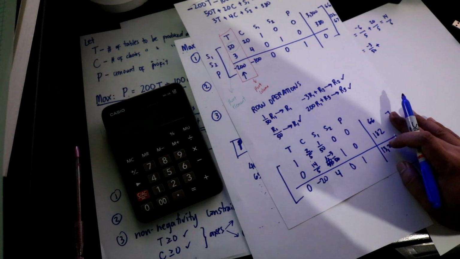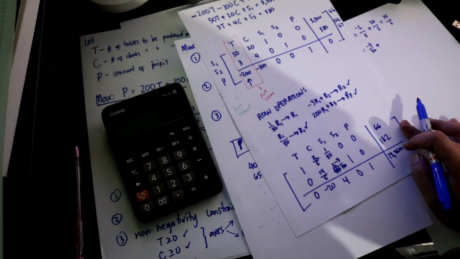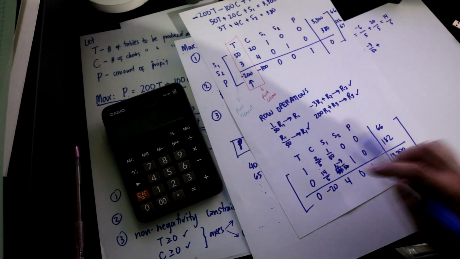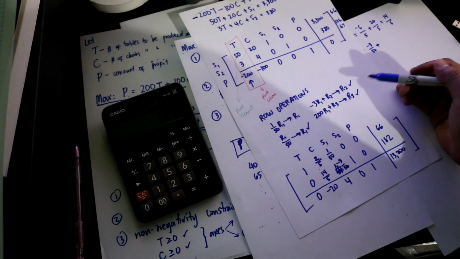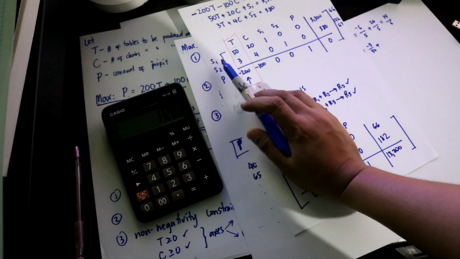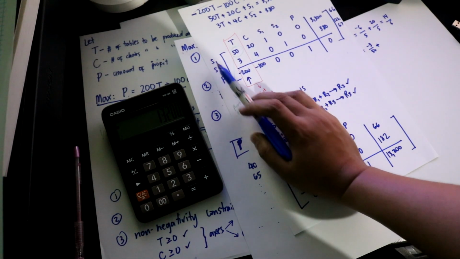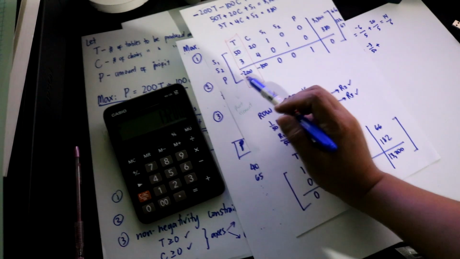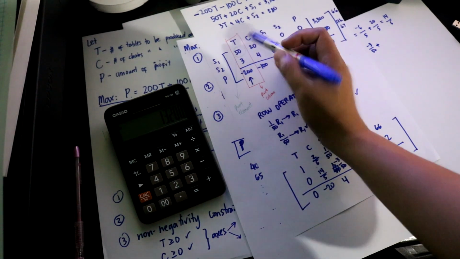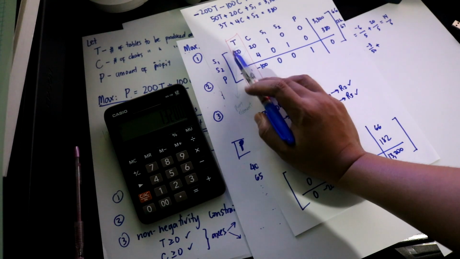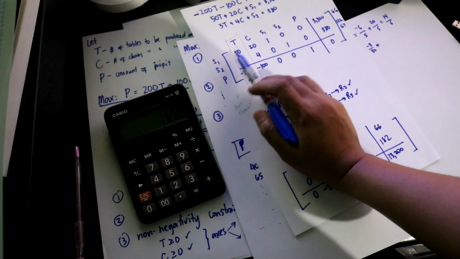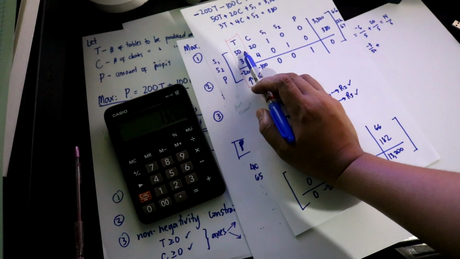By the way, once we perform these row operations, you notice we have slack variables. Look at the pivot element, where S1 and P would meet.